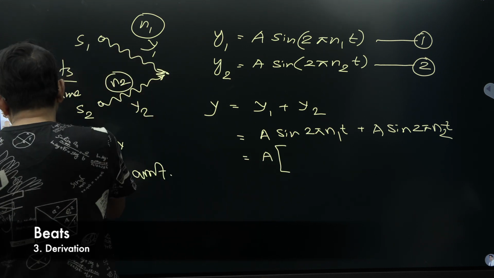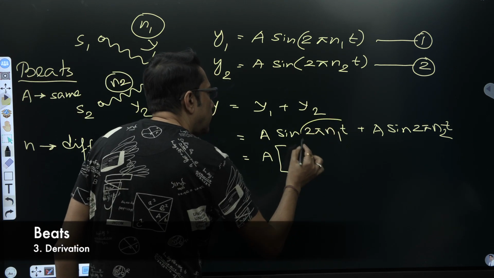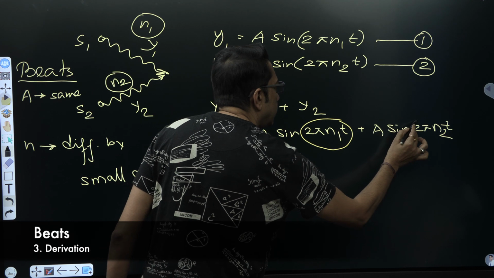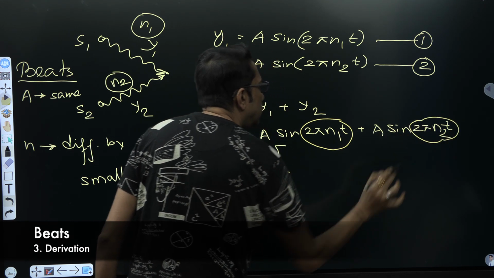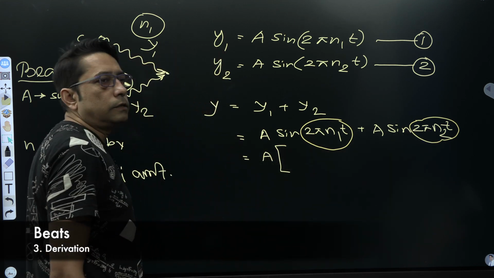Then what are we left with? We are left with a beautiful expression, that is sine C plus sine D. Consider this to be angle C and this to be D.